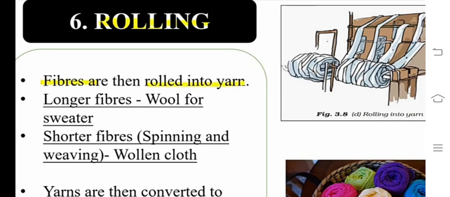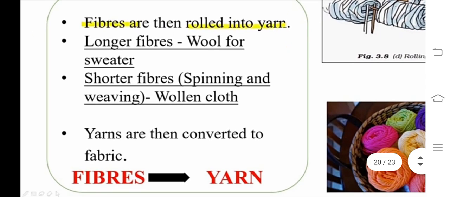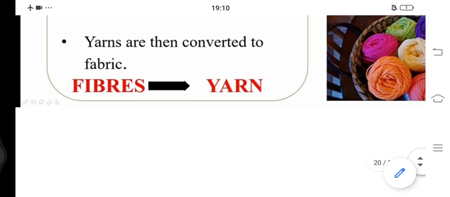Longer fibers are used for wool for sweaters, shorter fibers for spinning and weaving of woolen cloths. So we get yarn from fibers, then yarns are converted into fabric. I hope you understand, children.